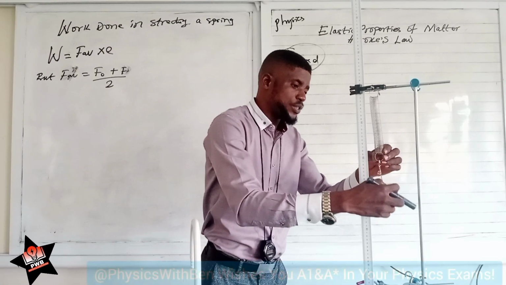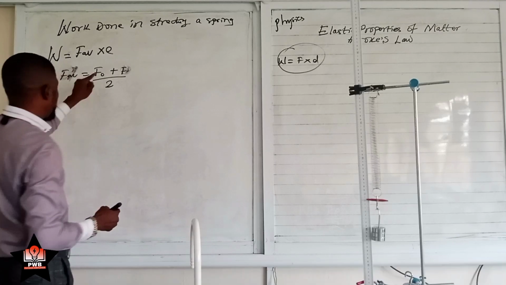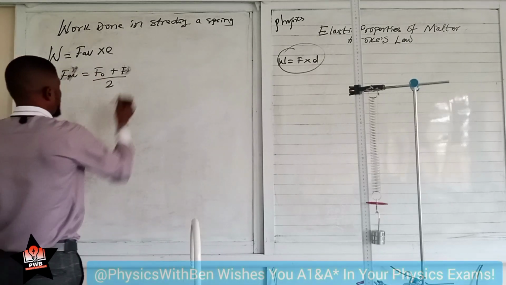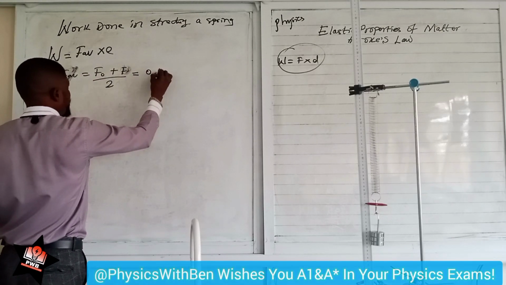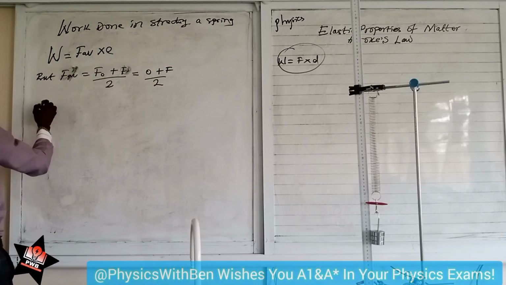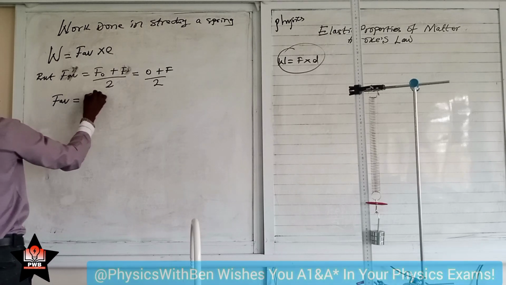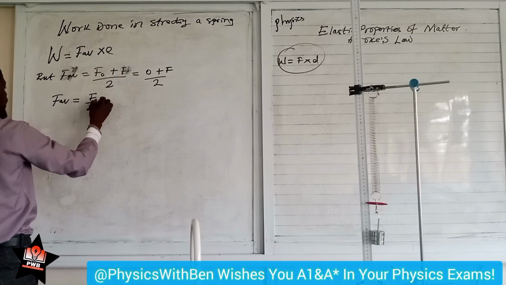So when you apply a force here, the spring will stretch down. So we say that the initial force is 0, and so this is the same thing as 0 plus the final force divided by 2. So we write that the average force is given as the final force divided by 2.